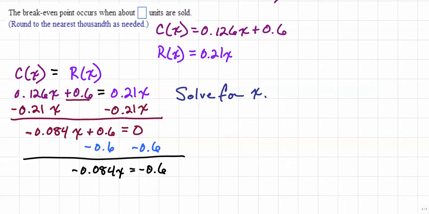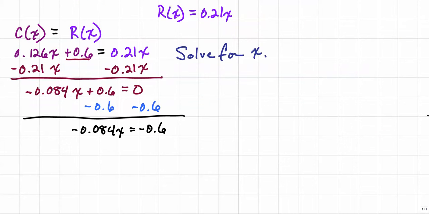Remembering that we want to solve for x, we do so by dividing through by the coefficient of x, negative 0.084, on both sides of the equation. I meant just the 0.084, because obviously we don't want to divide through by x.